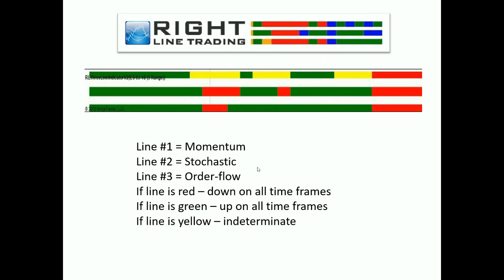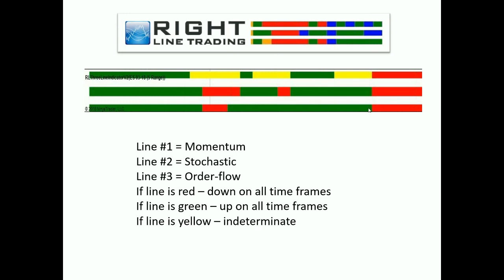Okay, so the first line is doing a multi-time frame assessment of momentum. The second is stochastic, and the third of order flow. Now, what makes this line so powerful is it doesn't look at momentum on your trading chart. It looks at your 2 higher time frames. This looks at stochastic on your 2 higher time frames.